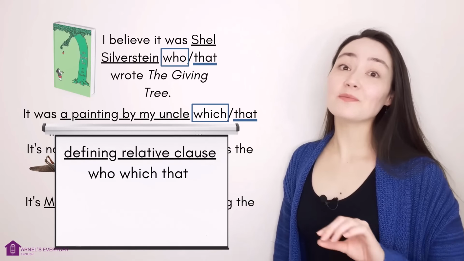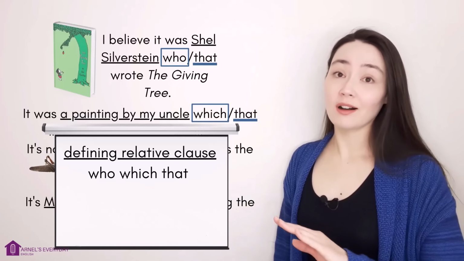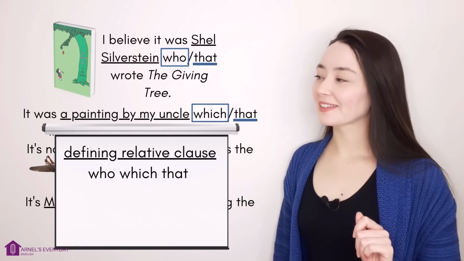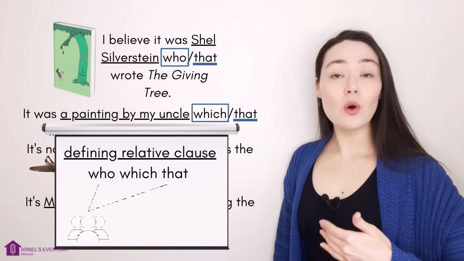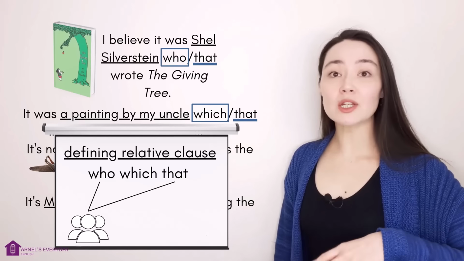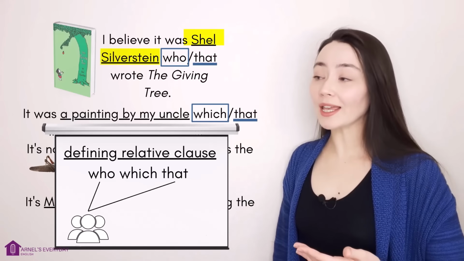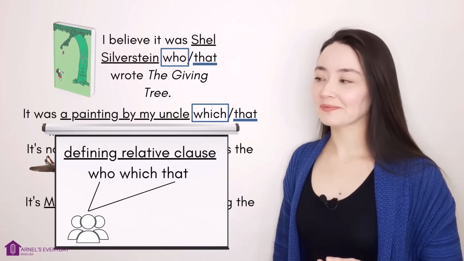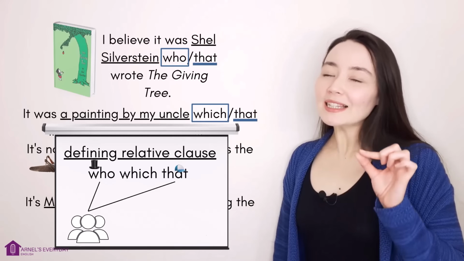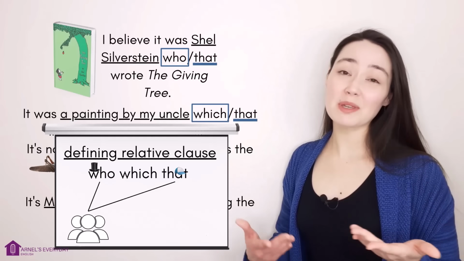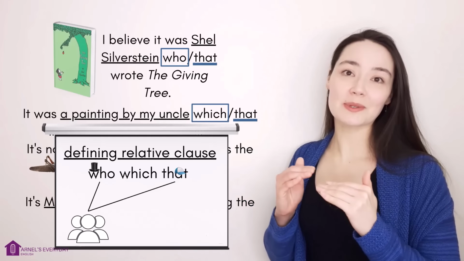For today's lesson, you do not need to be a pro on this topic, but I want to give you a little reminder. We can use who or that to give more information about a person. Shel Silverstein is a man, so I can use who. Who is a little bit more formal, that is a little less formal, but people really use these two interchangeably.